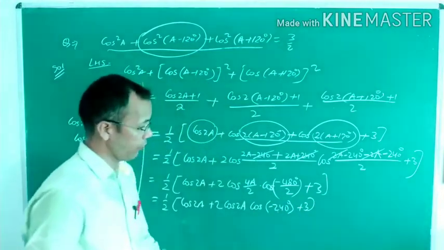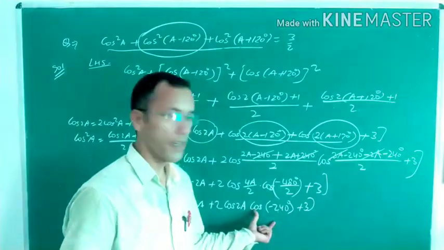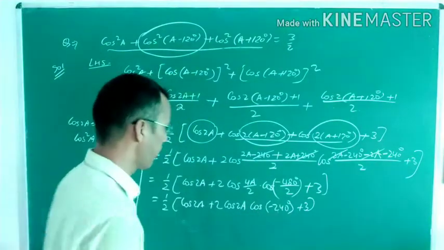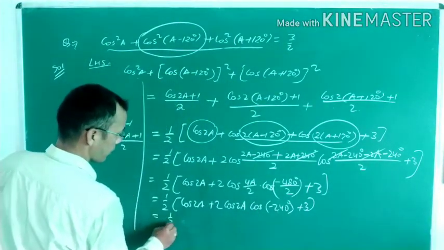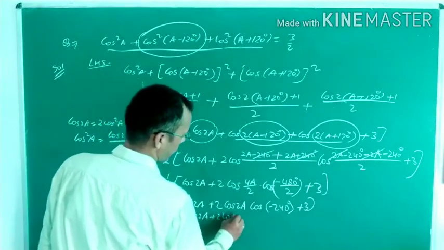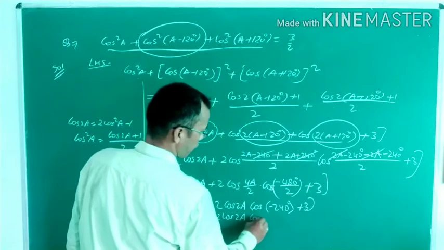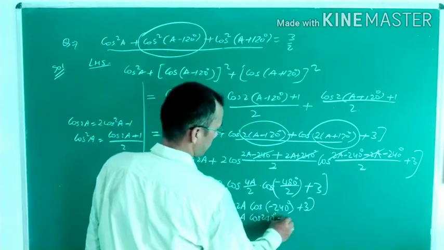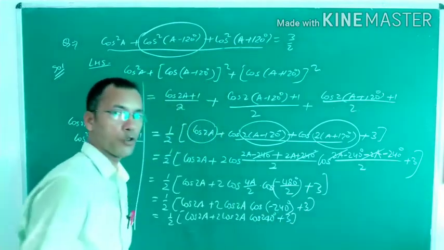Now cos minus theta is equal to cos theta. So this is cos 2A plus 2 cos 2A cos 240 degrees plus 3.